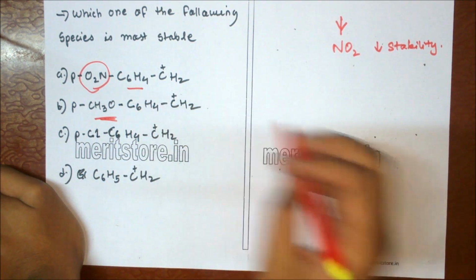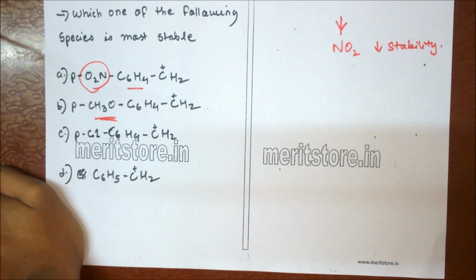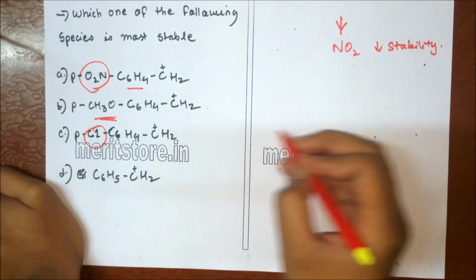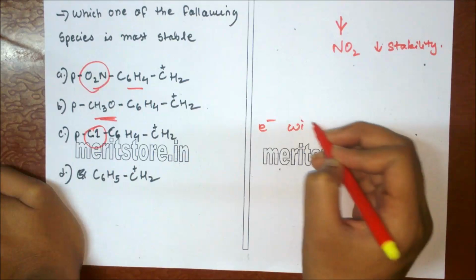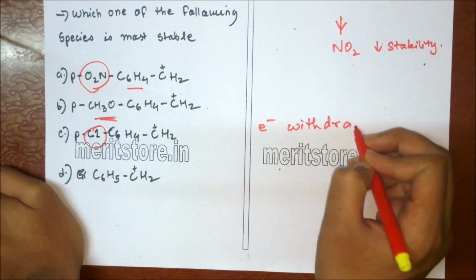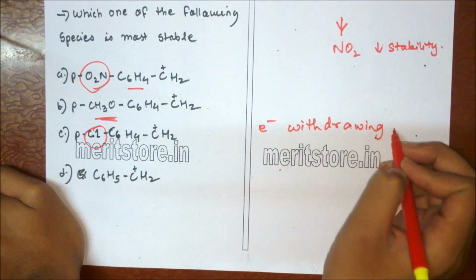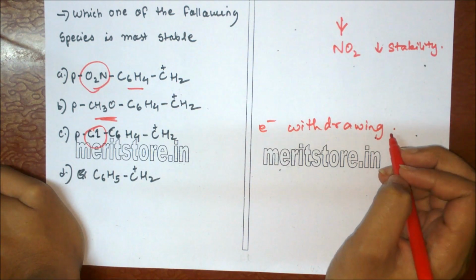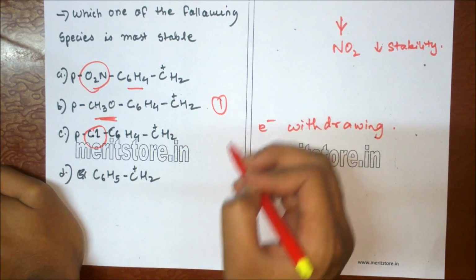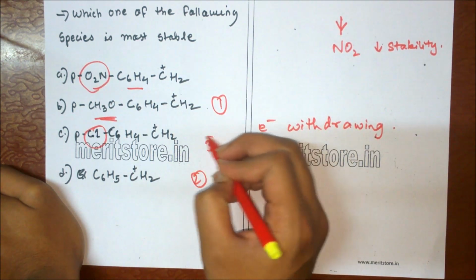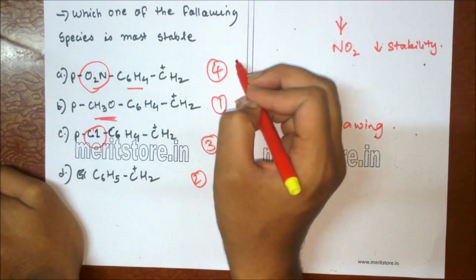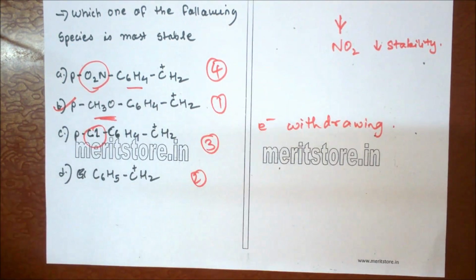It will give electrons to the phenyl group. Chlorine is also electron withdrawing, but its effect is lesser than the nitro group. So the order of stability will be first, second, third, and fourth. So option B is the correct answer.